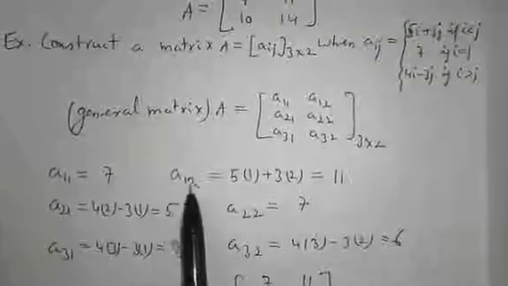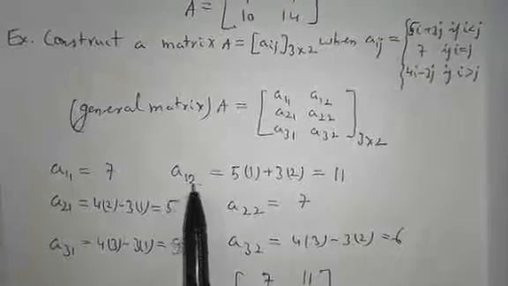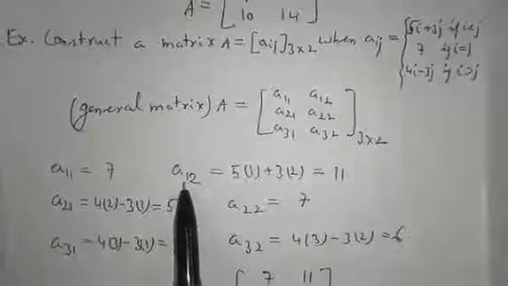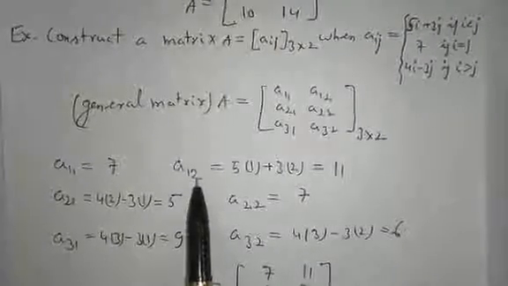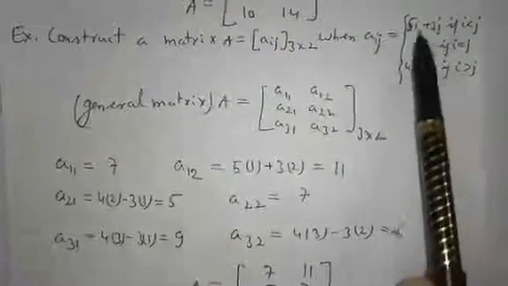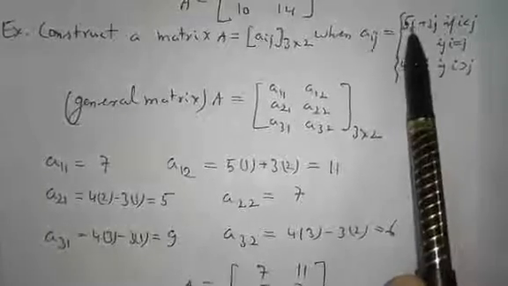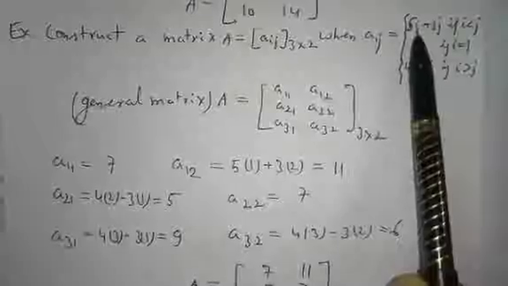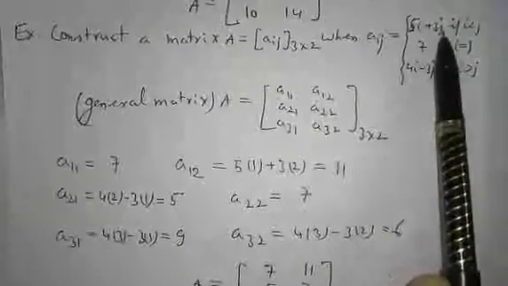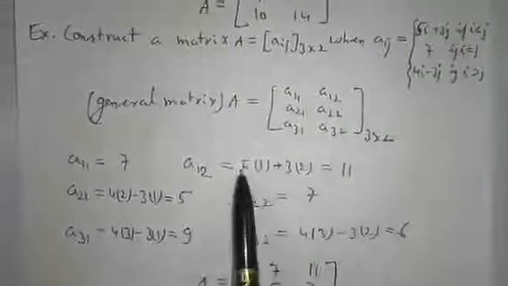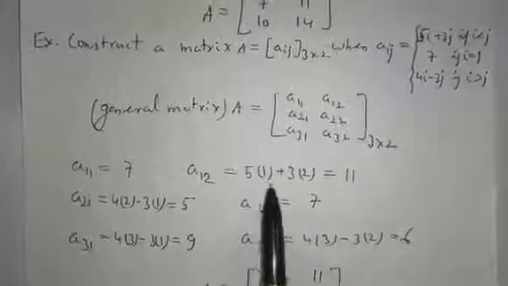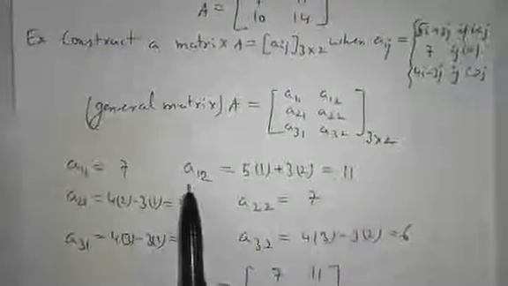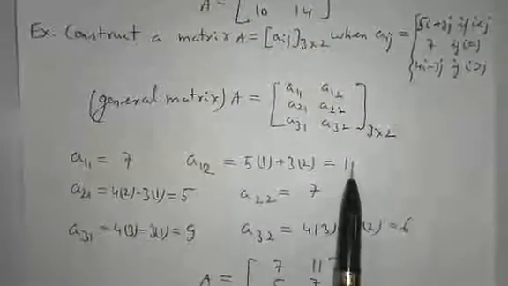Now A12, i is 1, j is 2. In this case i is less than j. So we use the general element 5i plus 3j. We put 1 in place of i and 2 in place of j. After putting, we calculate it is 11. So the value of A12 is 11.